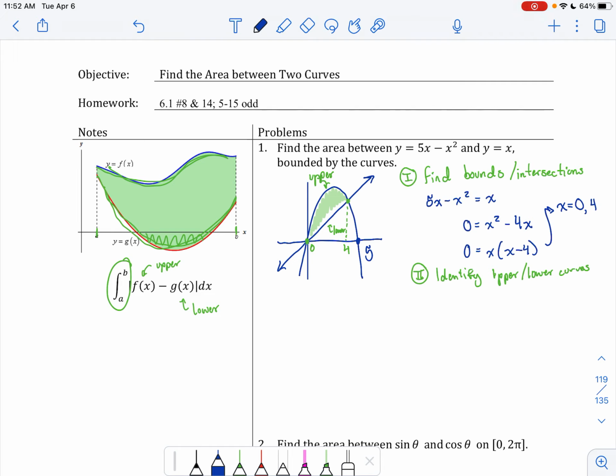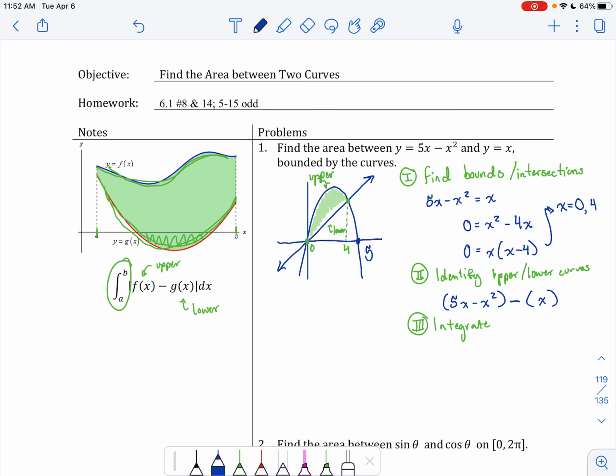So what that tells us here is that we are going to want to have the parabola 5x minus x squared, that's our f of x if you consider this picture over here, that's our upper curve, minus the lower one, which in this case is the line, like so. Now, all you need to do from there is integrate.